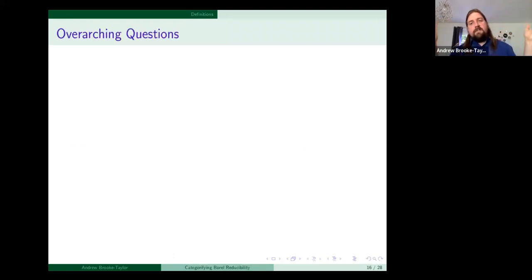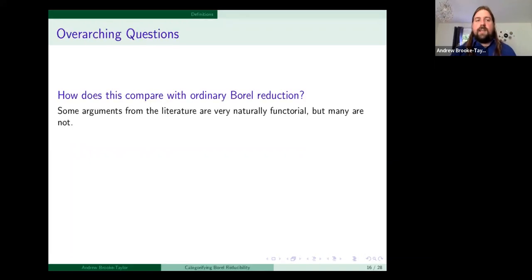So now this is a proposed framework. The questions are, how does this compare with ordinary Borel reducibility? There are some arguments in the literature that are very naturally functorial, but many of them are not.